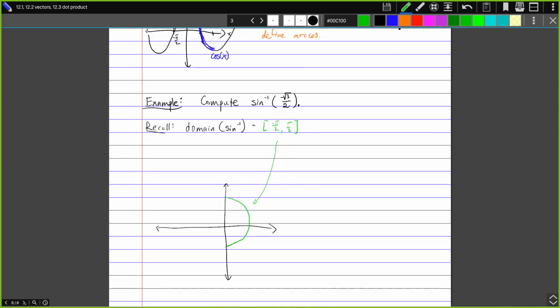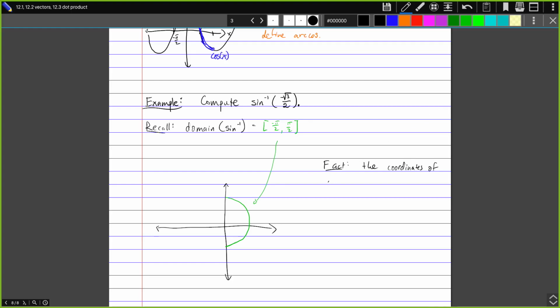Here's the other thing to know. This is just a fact that follows from the definition of polar coordinates.